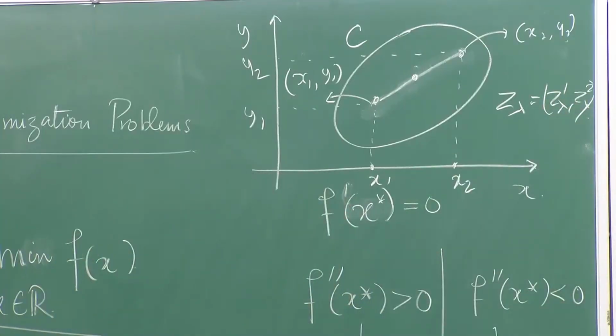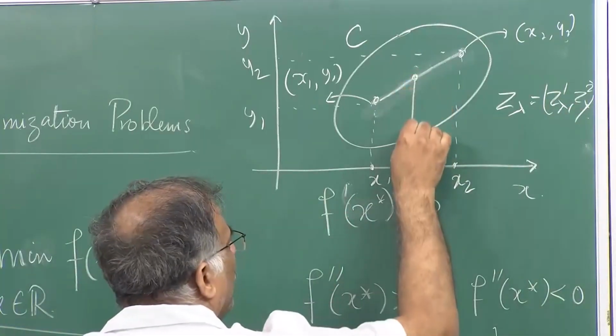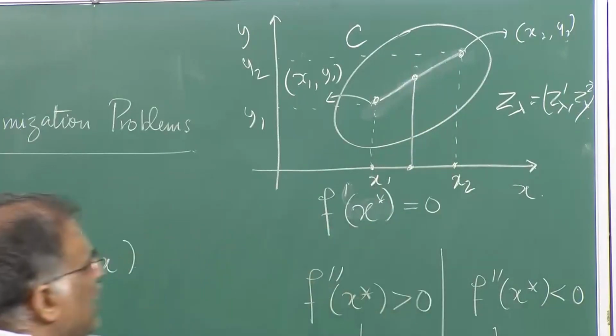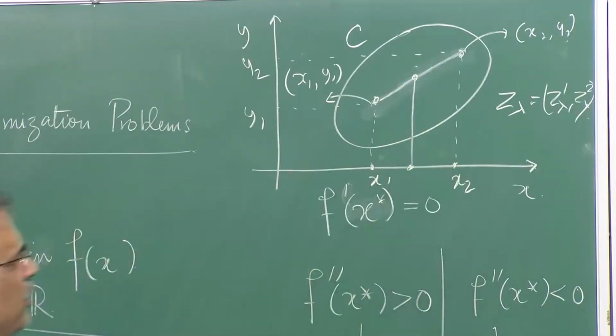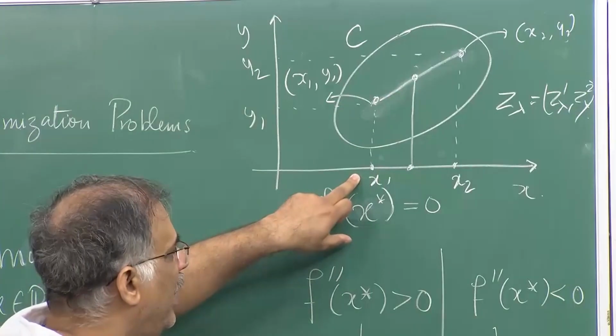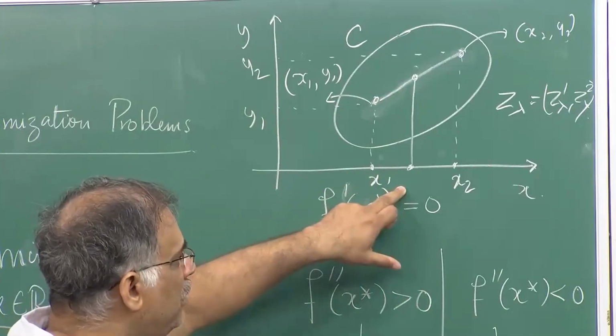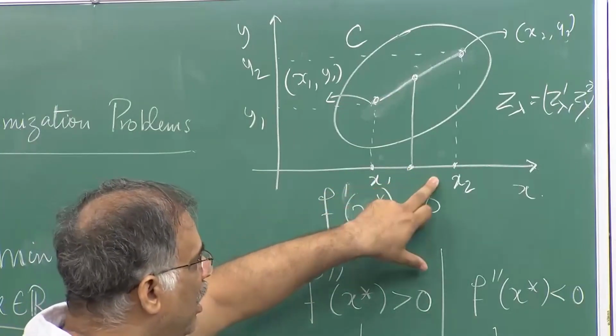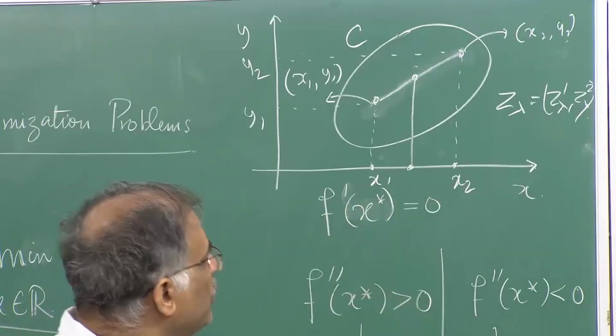Now what is happening? You just drop a perpendicular here. Now this divides the line into two ratios, m by n, and then you know how to find the coordinate of this point. It is m of x1 plus n of x2.